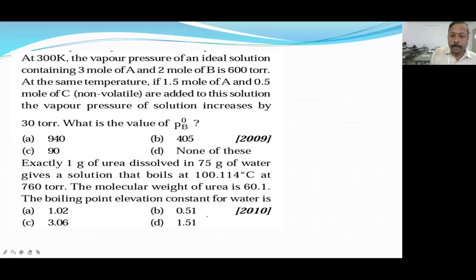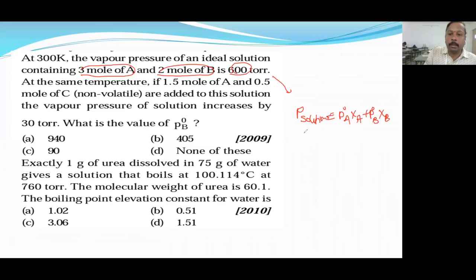So here it is given that the vapor pressure of the solution when 3 moles of A and 2 moles of B are present is 600 torr. So P solution is equal to P naught A into XA plus P naught B into XB. But the problem is that P naught A and P naught B are not given.